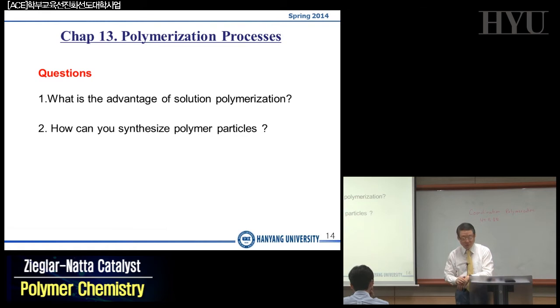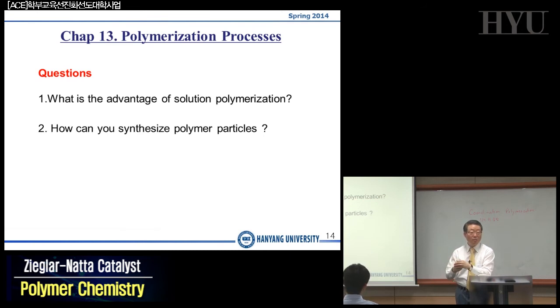Okay? In other words, you may proceed the polymerization with the monomer and initiator, which are the two very important chemicals, and you may have a solvent in addition to those two, or not, okay? Depending upon your polymerization systems.